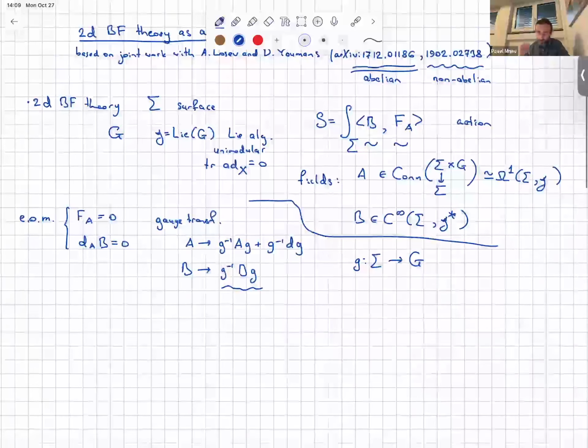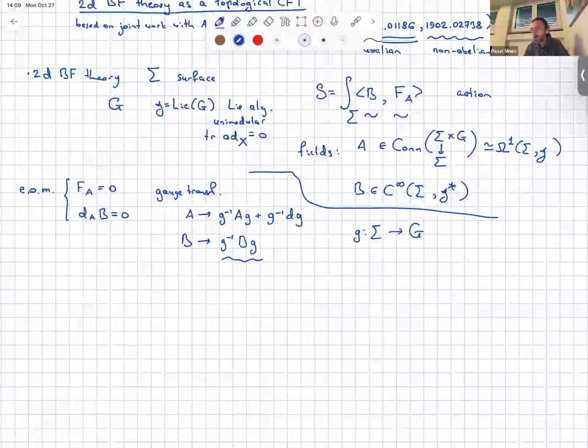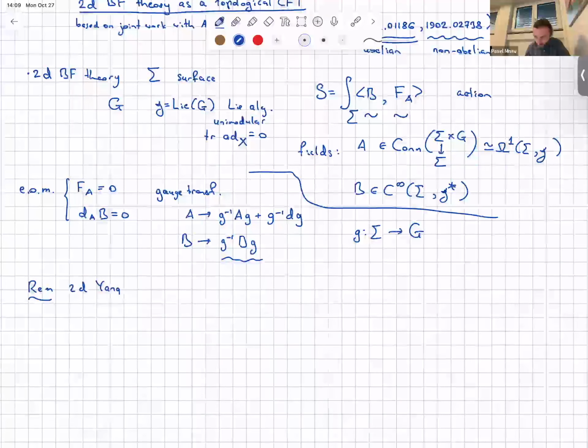So this is the two-dimensional BF theory, and it comes as a certain degeneration of another very well-known model, which is called two-dimensional Yang-Mills. Yang-Mills started its life as a four-dimensional theory, but it turned out that it's interesting to study in other dimensions.